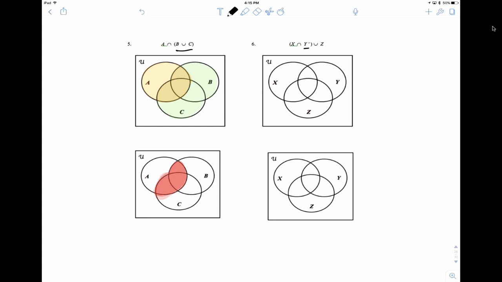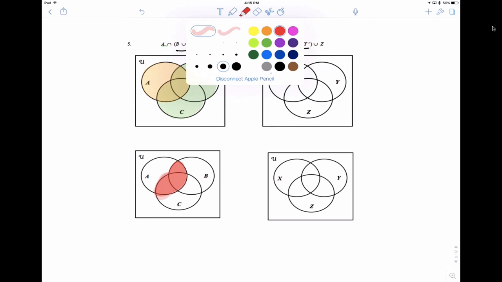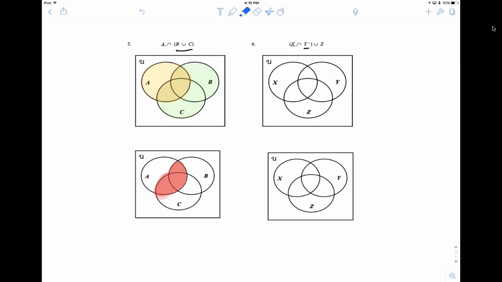Well, I'm going to start with the not y. We could even start with the 1 and then do the not, but we know what not y is. So let's get some more colors here. Not y. Not y is everything in the universal set that is not y. I'm going to lift up my stylus.